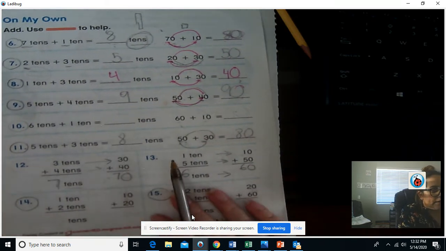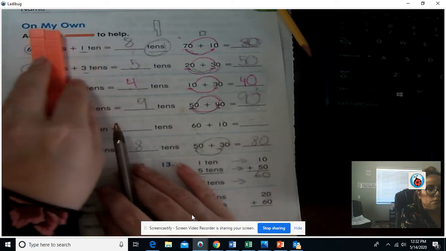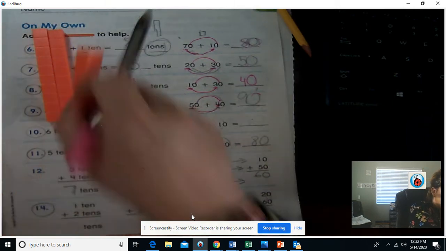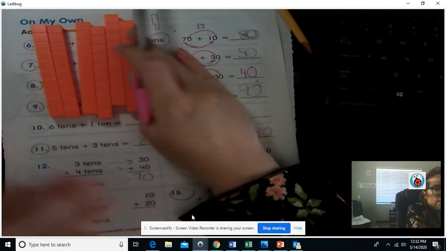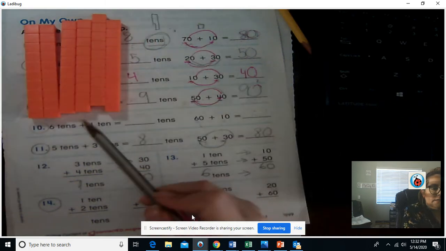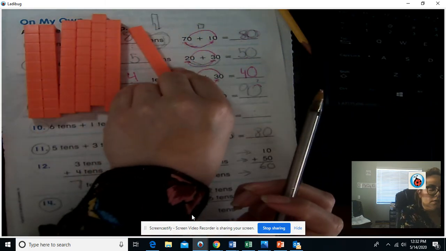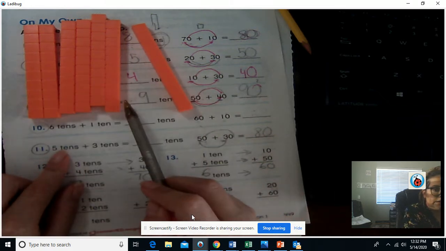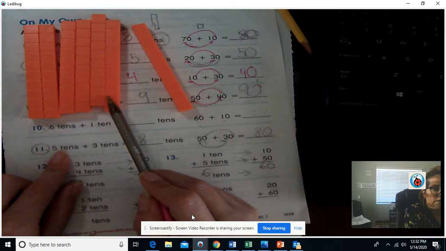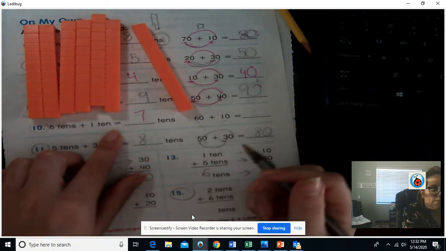Number 10, 6 tens. 1, 2, 3, 4, 5, 6. 6 tens plus 1 ten. I already know that I have 6 here. 6 plus 1 more is 7. 7 tens.